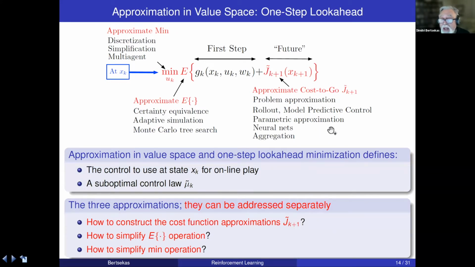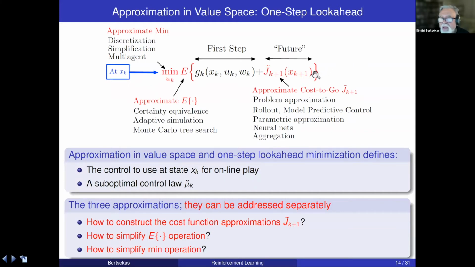Here's another broad class of methods. It is based on parametric approximation and neural networks. Generally, this type of approximation requires offline training. And what we do here is we have this function J tilde, which is selected from a parametric class of functions, a class of functions with a given structure, but also involving some parameters.